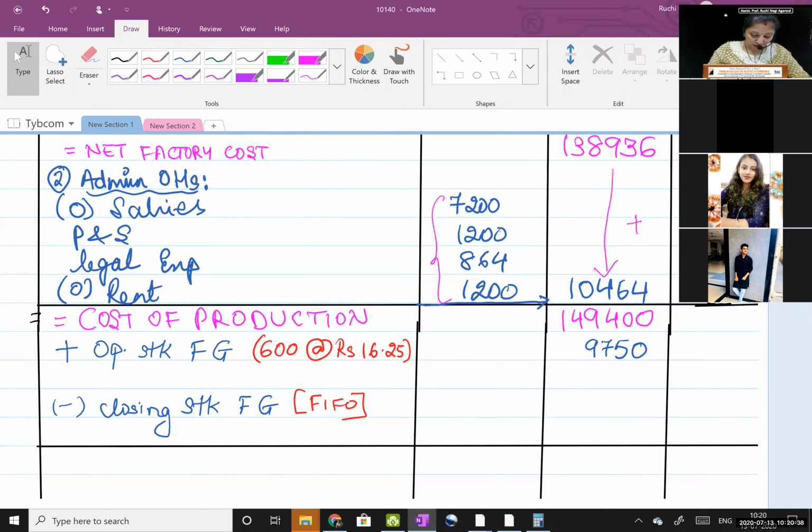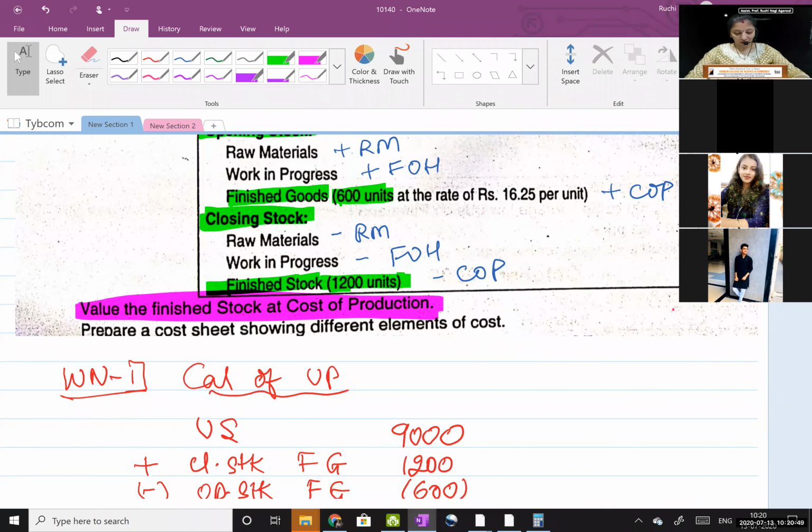I told you, I'll be explaining this one which I have highlighted in pink. Okay, now application comes here. Value of finished stock at cost of production. The meaning of this sentence is closing stock of finished goods to be valued at FIFO method.